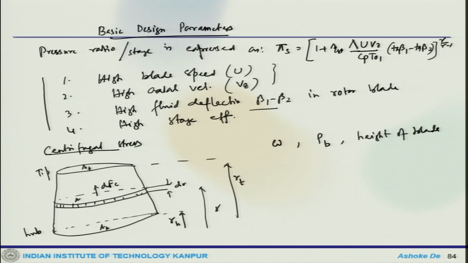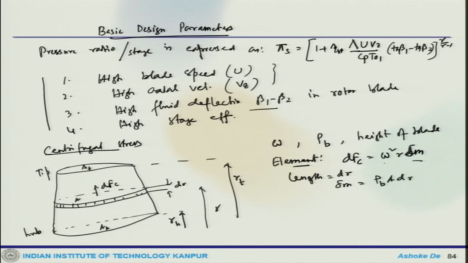Now, the centrifugal force which arises from this particular element, d F c, is omega square r delta m, where omega is the rotational speed, r is the radius of the blade element, and delta m is its mass. If its length is dr, then delta m is rho b A dr.